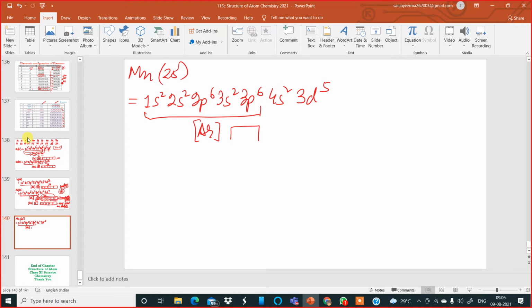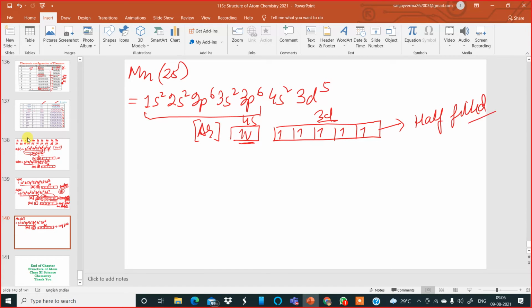After that there is 4s2, already completely filled, and 3d5: 1, 2, 3, 4 and 5. The 3d subshell has 5 orbitals, and each of the orbitals has one electron. So this is fine, because it is already half filled, so we don't have to worry about the stability. Am I clear now?